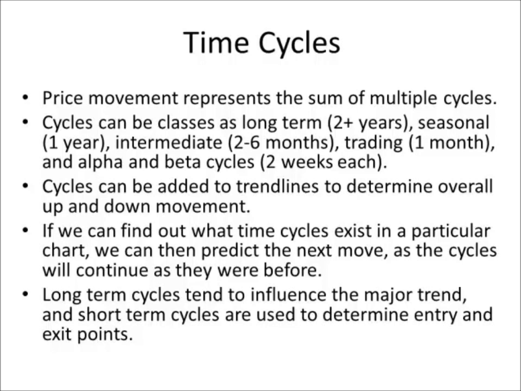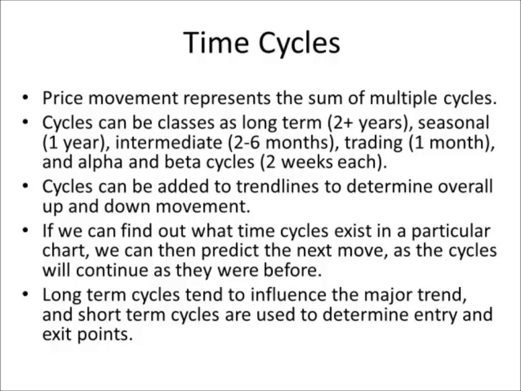Now we can add cycles to trend lines. So for example, if we have an upward trend, we can add a trend line to a constant cycle, and that gives us an upward moving cycle. So our challenge when we're doing time cycle analysis is to find out what time cycles exist in a particular chart.